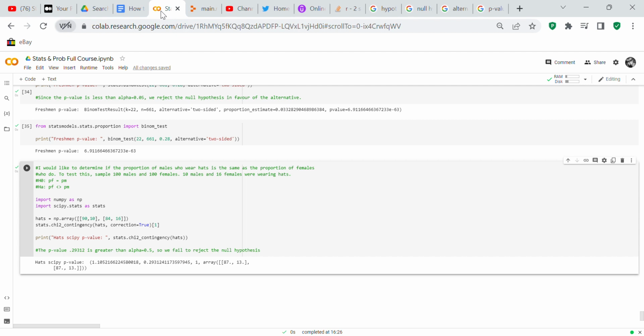And so that's how you come up with that array. And stats.chi2_contingency hats, correction equals True.